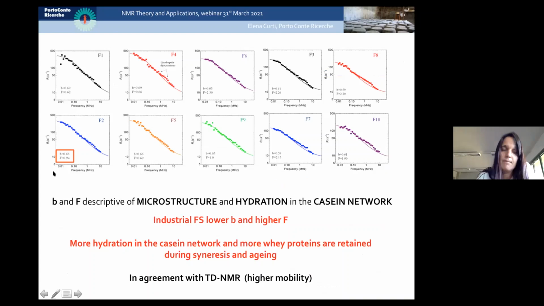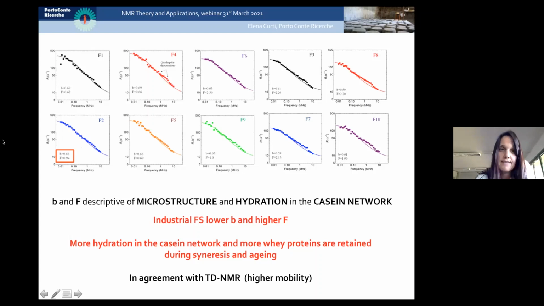Here I summarize that we obtain mainly parameters that are called B and F. I will not go into much detail. They can describe the microstructure and the degree of hydration in the casein network.